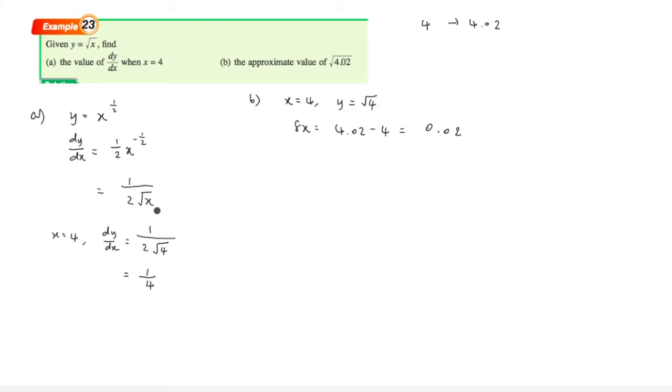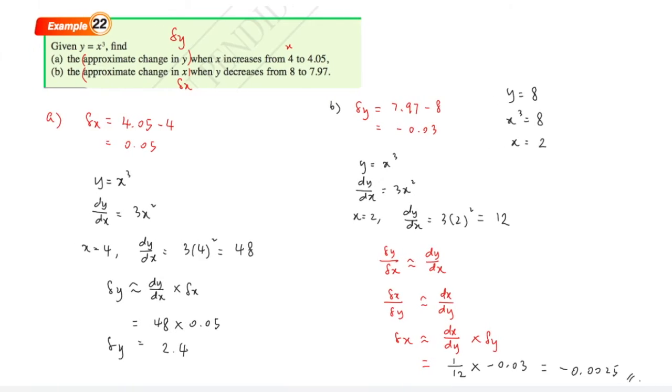Okay, now the question is asking what is the value for this. It's not asking for the delta. What is the value for this? So I can find the delta y, using the formula.